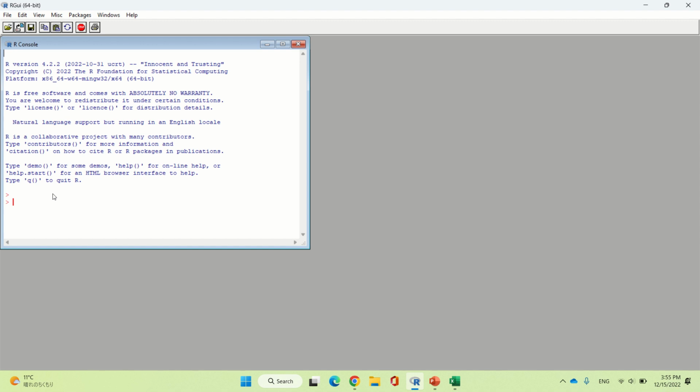Then comes data 1. Data 1 is also okay for the wild type. For wild type, it is better to use not capitals, but small letters.